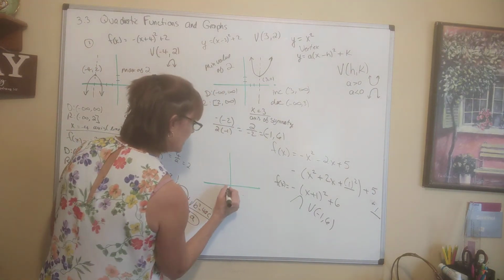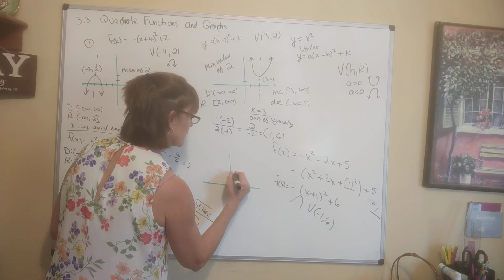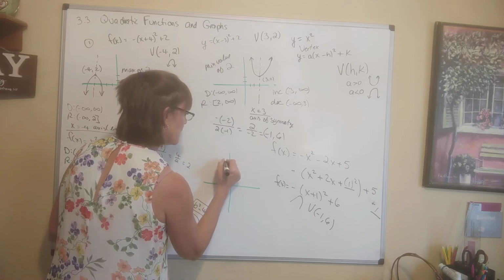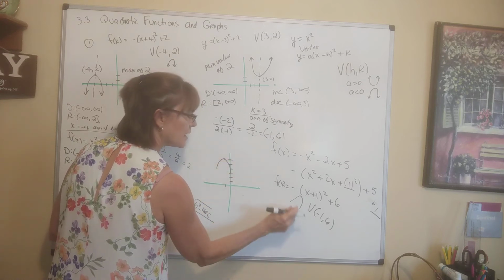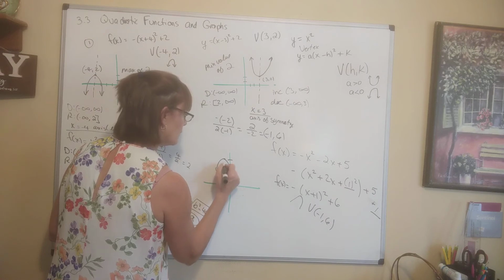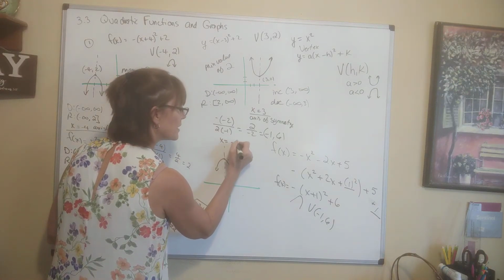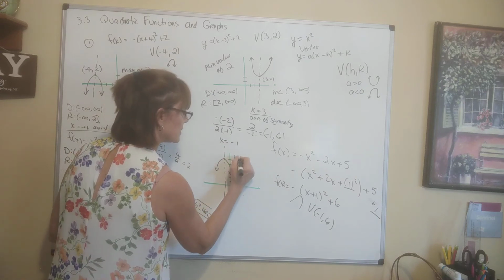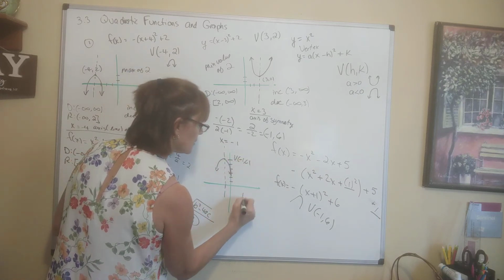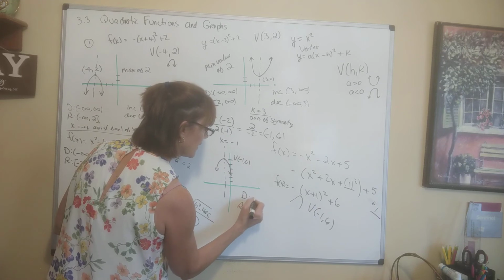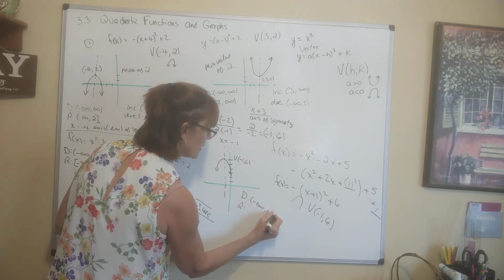Go find this guy, negative 1, 1, 2, 3, 4, 5, 6. Right here, he is facing down because negative. What is the axis of symmetry? x equals negative 1. The vertex is at negative 1, 6. Okay, what is the domain? What's the same domain that we've gotten every single time?